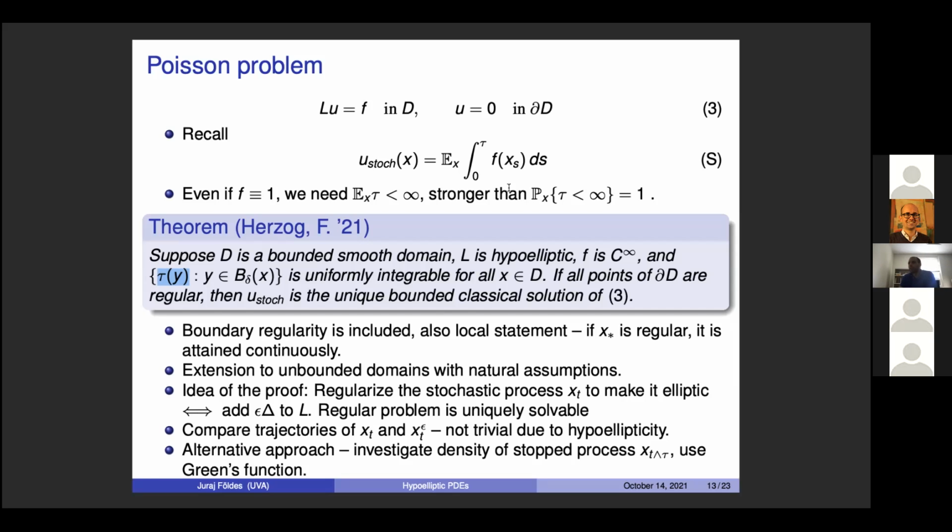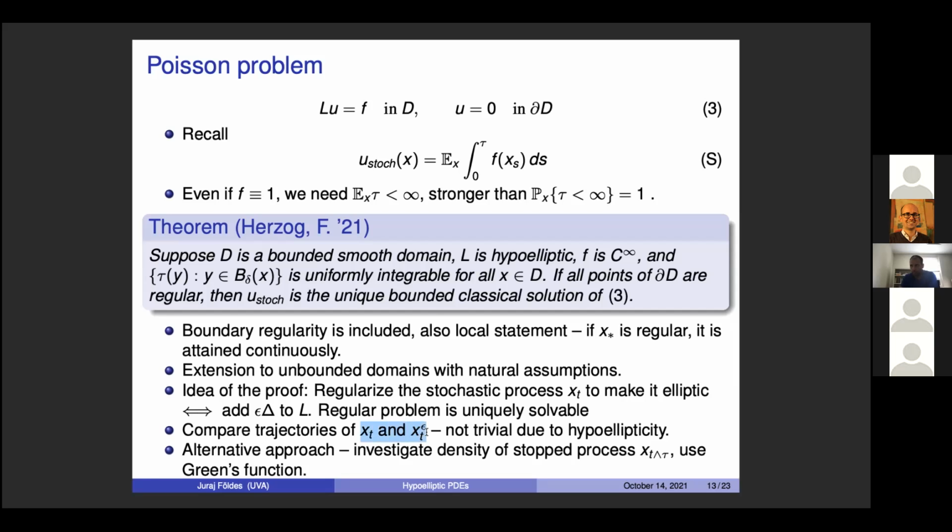Right. So we also have the local statement. It really means that if just one point is regular, that point is going to be attained continuously by this formula. Regular proof, you can regularize, and again, it's pretty much the same approach.